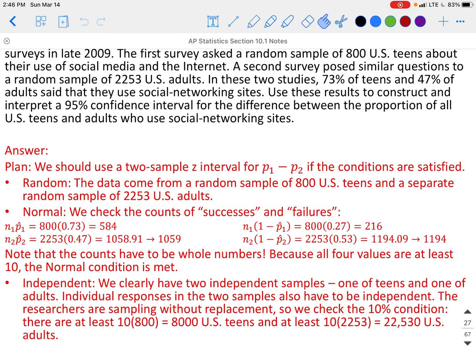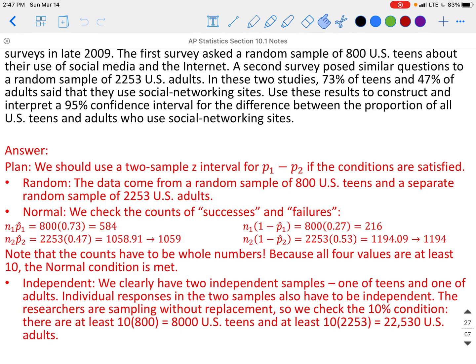Now we're going to check our normal condition. We find the number of successes and number of failures for each group. Remember, to find the number of successes, you take the sample size times the probability of success for group 1, and the sample size times the probability of failure, or 1 minus the probability of success, and we get 584 and 216.